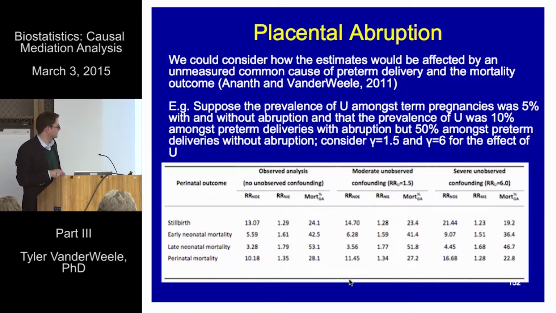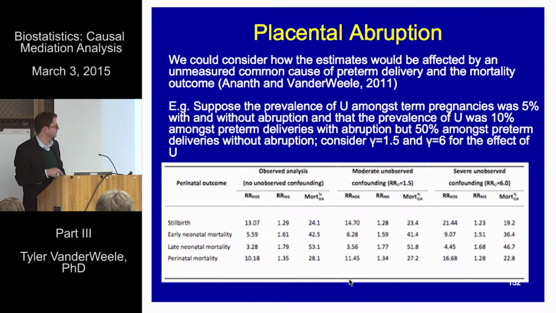Here we have our observed estimates controlling just for the measured covariates, proportion mediated. Here we have our corrected estimates for the natural direct and indirect effects and the corrected proportion mediated under the moderate confounding scenario and then under the extreme confounding scenario, where U increases the likelihood of perinatal mortality by 6-fold rather than just 1.5-fold.